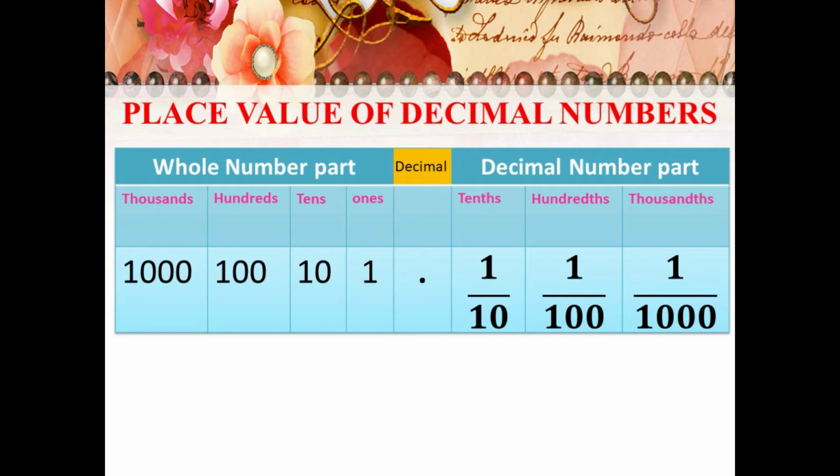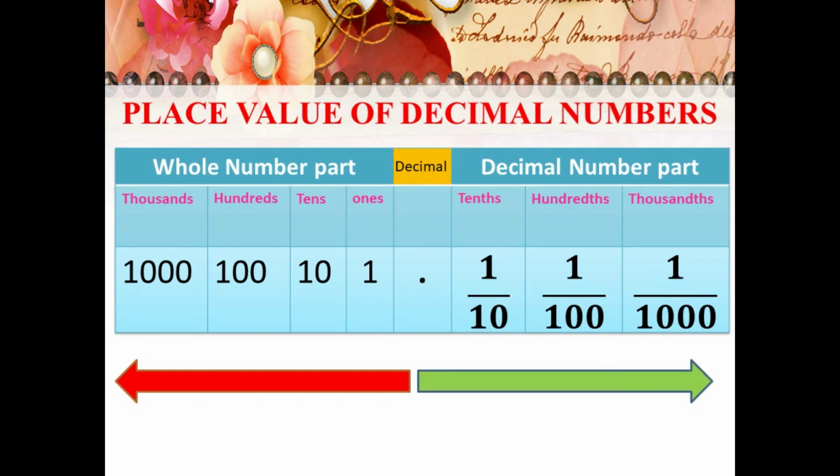The place value of decimal number part is 1/10, 1/100, 1/1000. From right to left, value increases: 1, 10, 100, 1000. From left to right, value decreases.